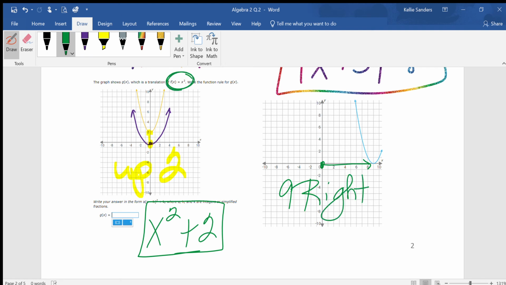Now, if x squared, well, you're like, where's the house? Where's being with the parent? Well, the x squared is the parent. So whenever I'm shifting left and right with an x squared, we're going to put parentheses. And now we have an inside. Don't forget the x.